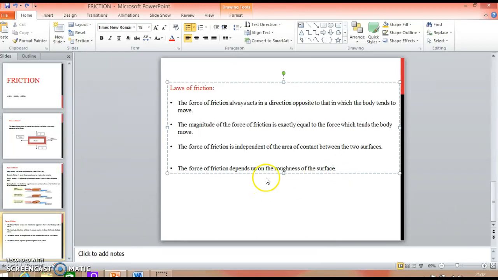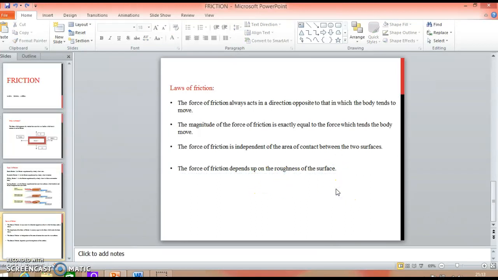And this can also be represented as the coefficient of friction. If the two bodies have a high coefficient of friction, then the friction between the two bodies is also very high.